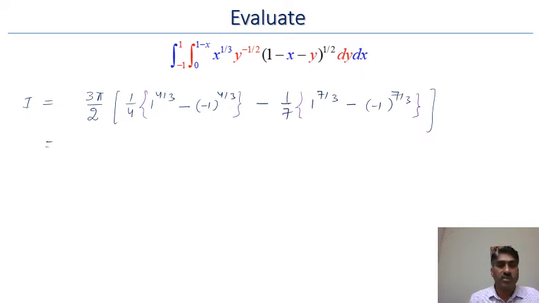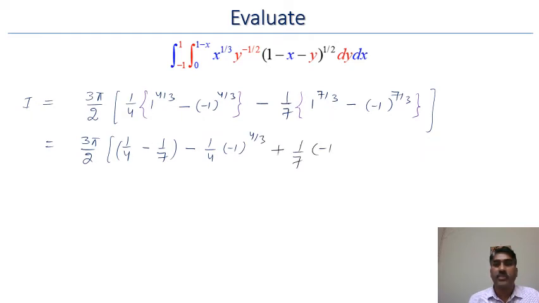So you can further write it as 3 pi by 2, then 1 by 4 minus 1 by 7. This is the part that you can easily compute, and then minus 1 by 4 times (minus 1) to the power 4 by 3, and plus 1 by 7 times (minus 1) to the power 7 by 3.